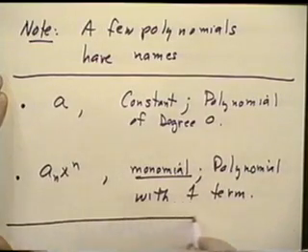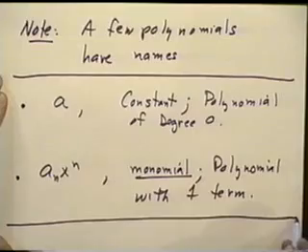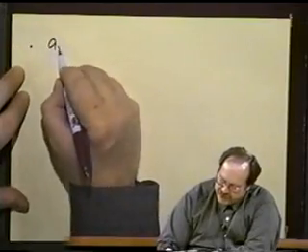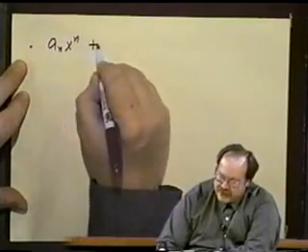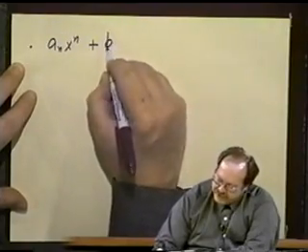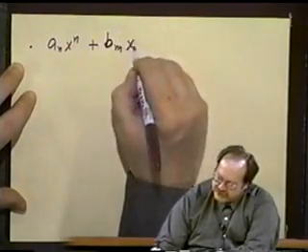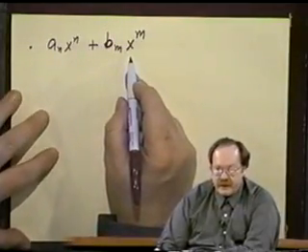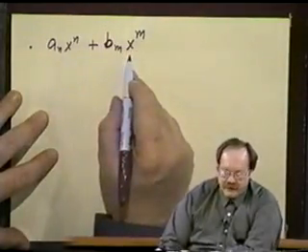All right. Now we're going to go ahead and look at some polynomials and the names for ones with a few more terms. What if you had something that looked like this? You had some a n x to the n and then added to it b m, say x to the m. Now we're staying with a single variable because that's what we want to look at, although there could be different variables.